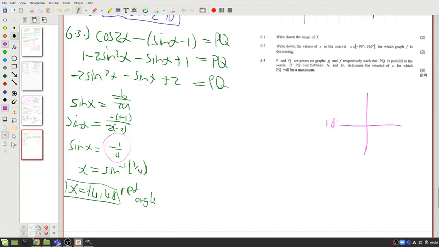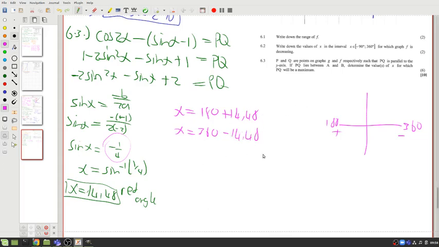Well, that is the 180 plus, and the 360 minus. That's where sine is negative. So we're going to use those two. So we'll have that x will be equal to 180 plus 14.48, or x equals 360 minus 14.48.